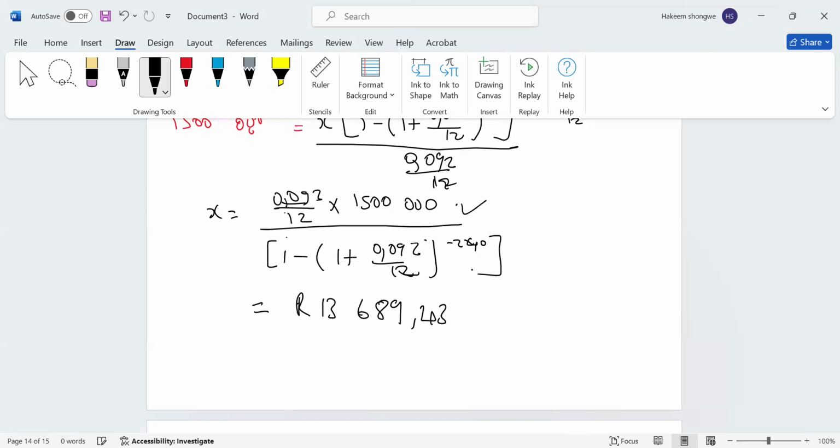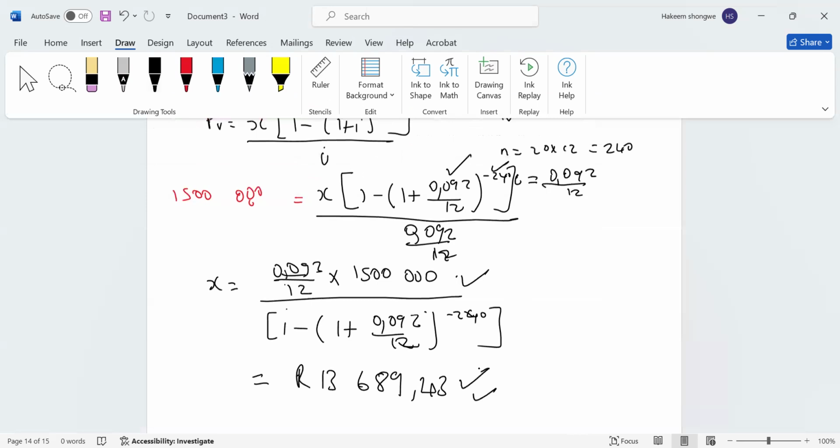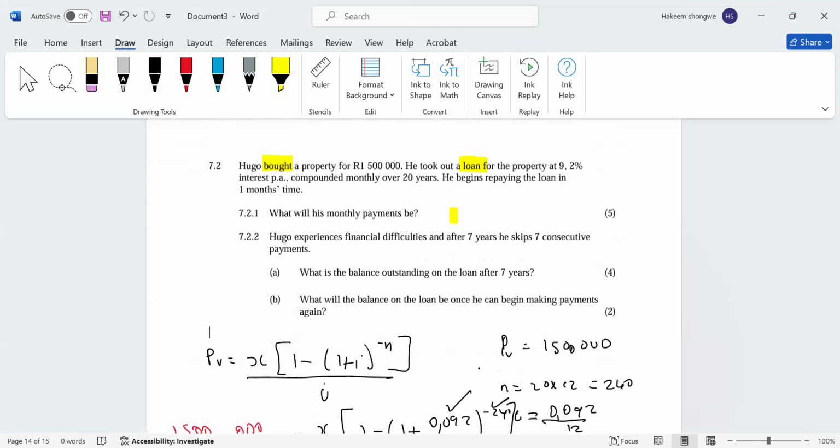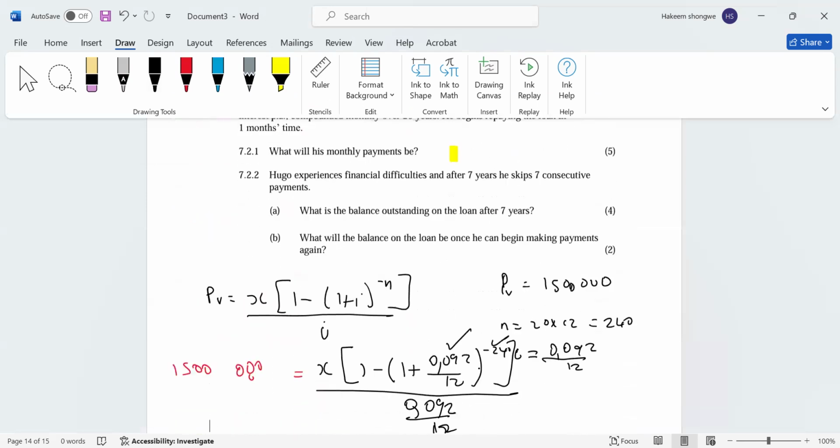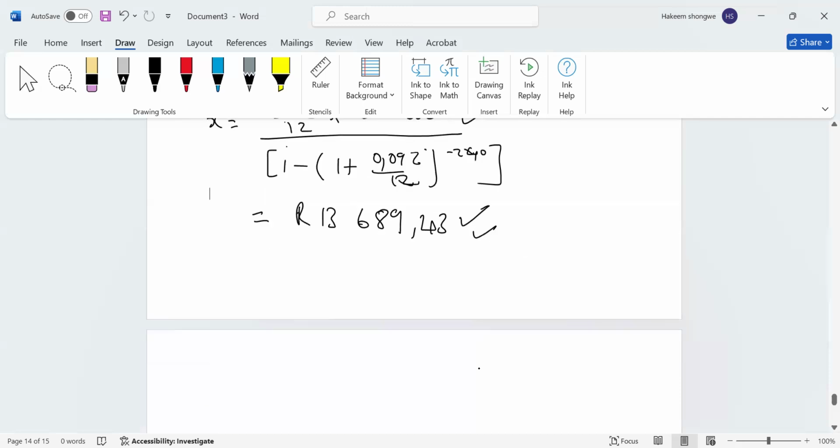The next question is, are we happy with the answer there? Everyone is happy with the answer? Because sometimes, some of you got a different answer, and that answer is wrong. What did you get?